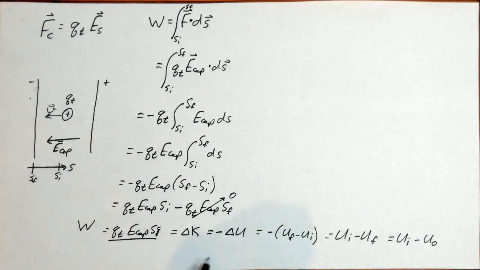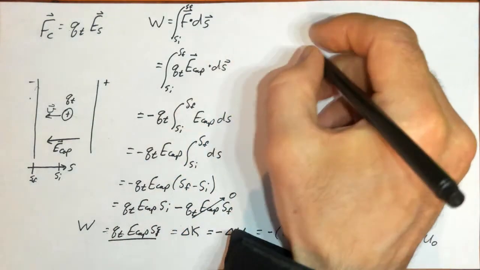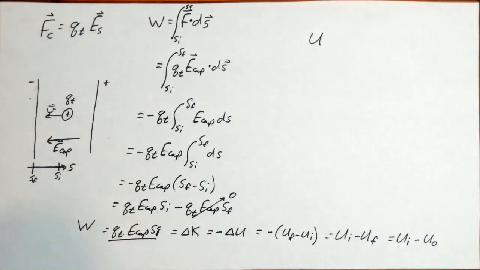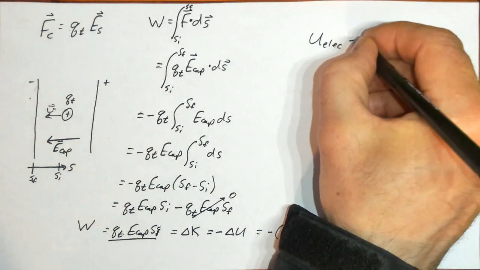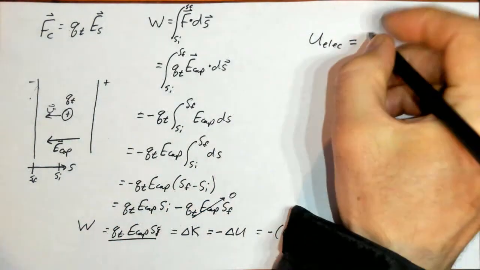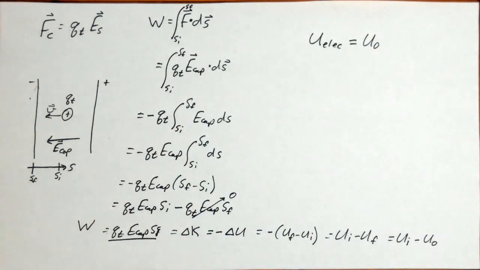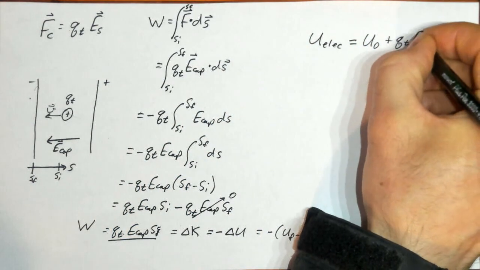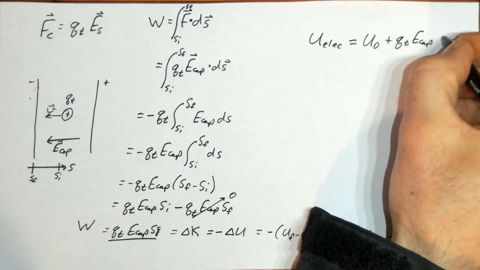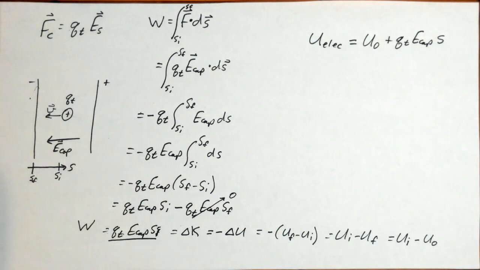Okay, and so we can now just connect the potential energy to this value right here and write that our potential energy of wherever we're at, we call it U electric, so that's the U initial, wherever we started, okay, is going to be equal to, if we add this to the other side, whatever our reference potential energy is, plus the difference there, plus q of our test particle, E of a capacitor, and then the position wherever we are at, whatever location we're at.